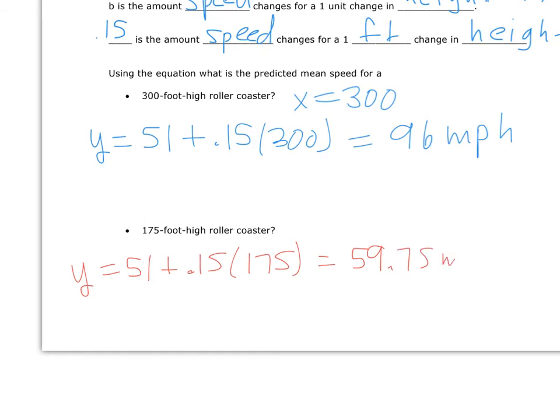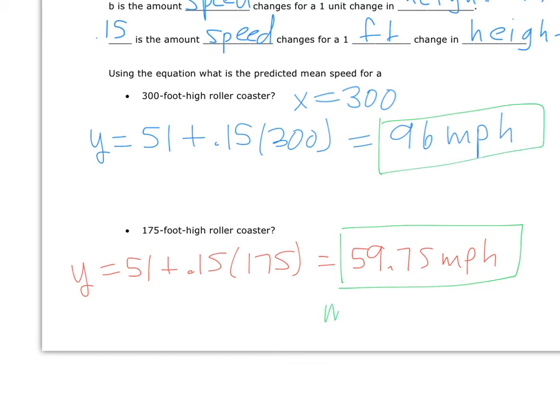and that gives us a speed of 59.75 miles per hour. All right, so the thing to remember is that these values that we just calculated are mean speeds. And you can see that they're varying based on what the height of the roller coaster is. So for all roller coasters of 300 feet, the mean speed is predicted to be 96 miles per hour.